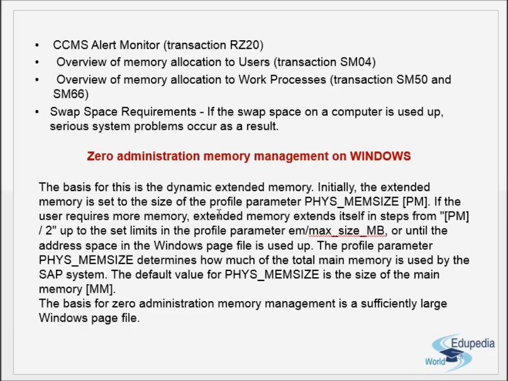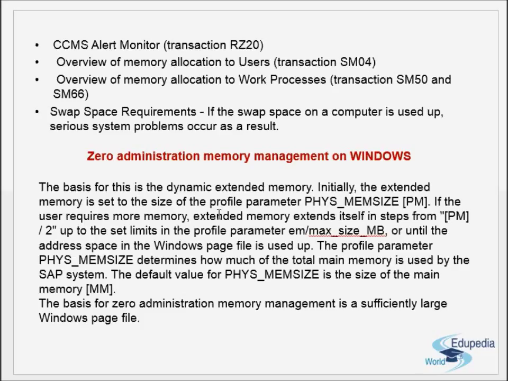Now, Zero Administration Memory Management on Windows. The basis for this is the Dynamic Extended Memory. So we have a concept known as Zero Administration Memory Management on Windows Server, which is nothing but Dynamic Extended Memory. Initially, the extended memory is set to the size of the profile parameter PHYS_MEMSIZE.